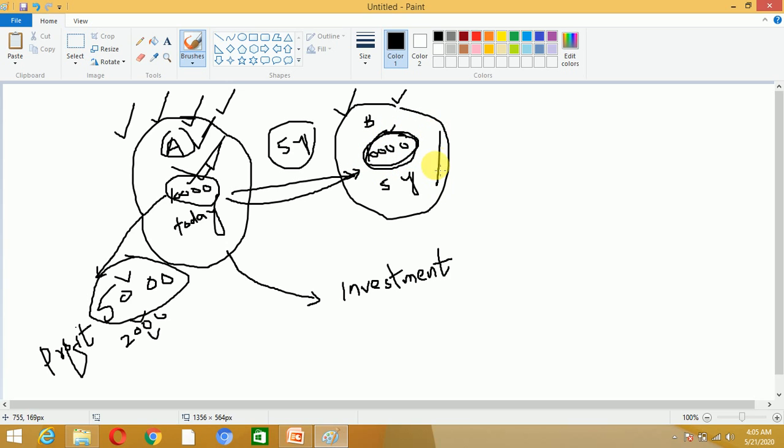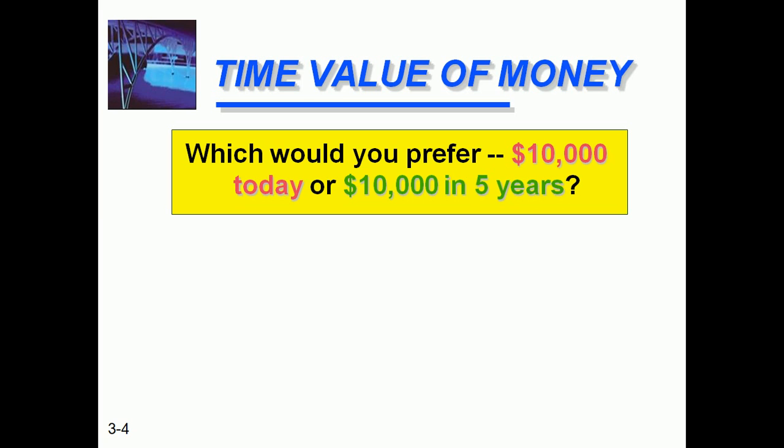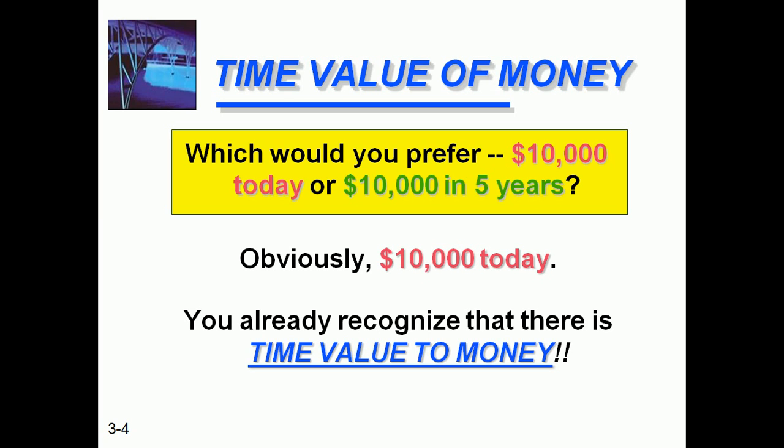So we are not going to accept this option, and we are going to accept this one. Obviously $10,000 today. You already recognize that there is time value to money. There is an importance of time in decisions related to money.